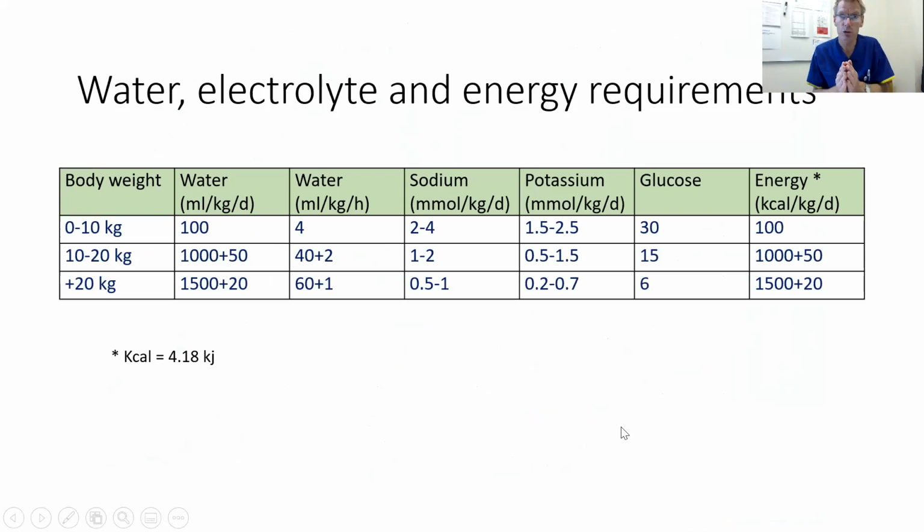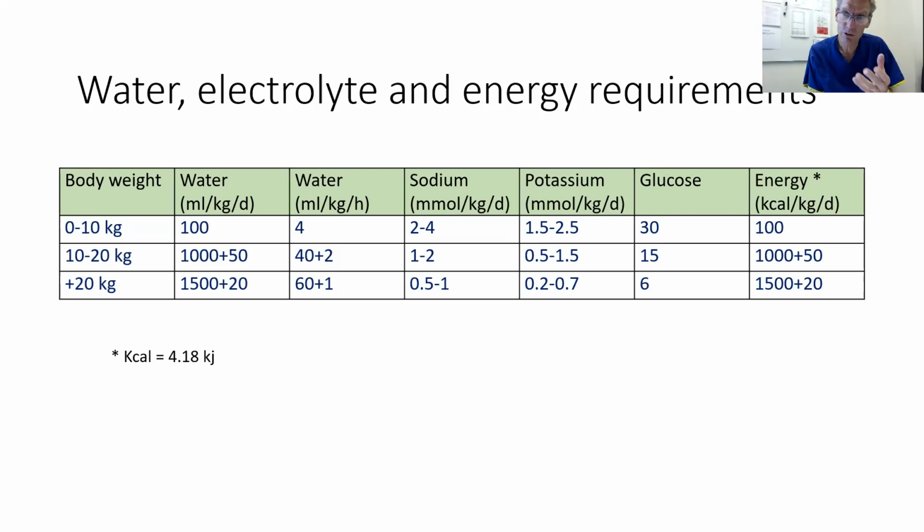I wanted to talk briefly about the calculations of water, electrolyte, and energy, because again, the clinical application is we need to be able to calculate the amount of fluid that a patient needs. And I know you know the 150-20 rule and the 4-2-1 rule. I just want to go over them again because I think it's useful to revise.